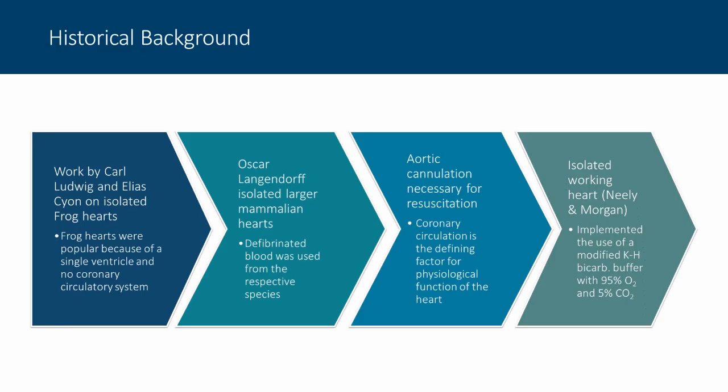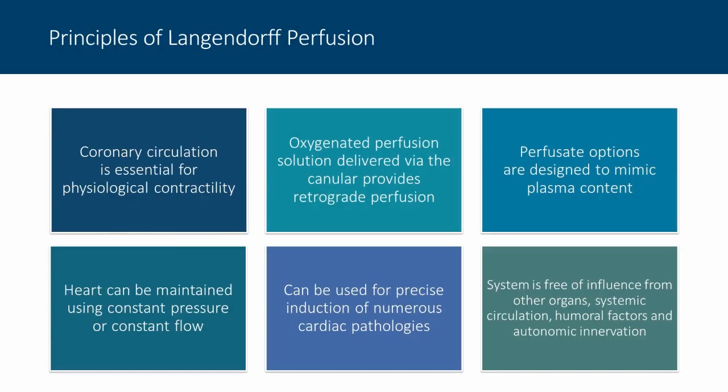However, the last major shift in ex vivo perfusion was made in the 1960s by James Neely and Howard Morgan, where they returned to a system that saw cannulation of both the atria and the ventricle, creating what is known today as the working heart system, where the flow of the perfusate is physiological. Importantly for retrograde systems, Neely and Morgan implemented the use of a modified Krebs-Henseleit bicarbonate buffer, which is supplemented with oxygen. So what are some of the principles that are key to Langendorff perfusion?